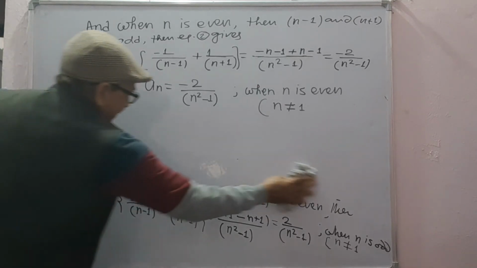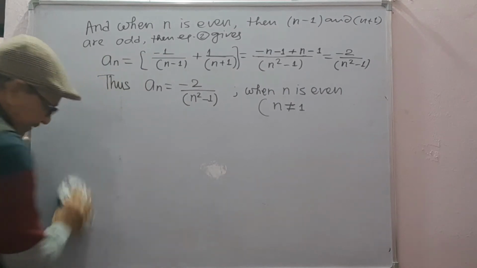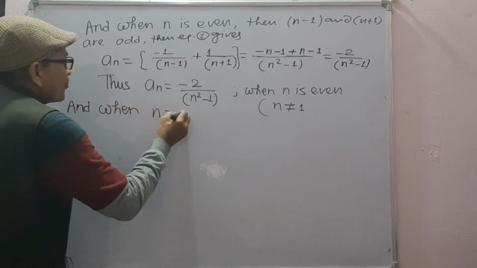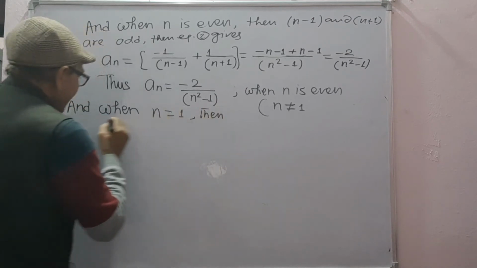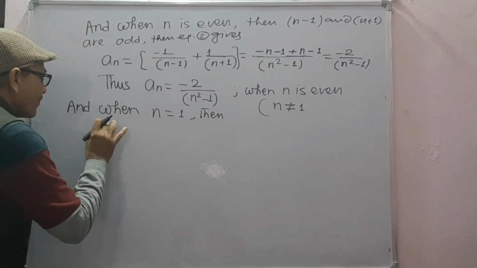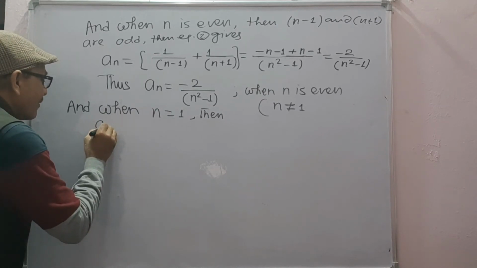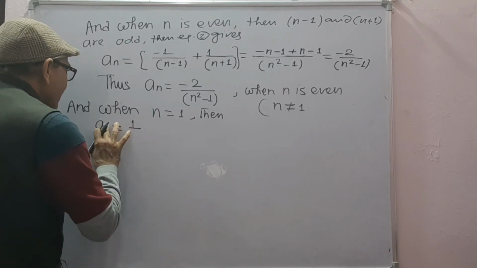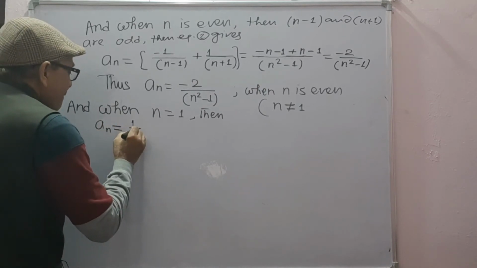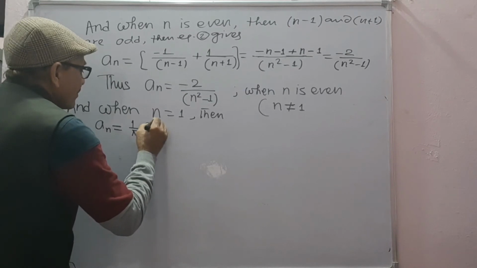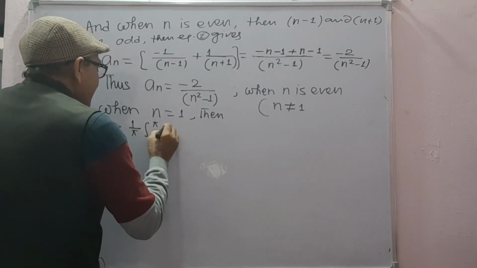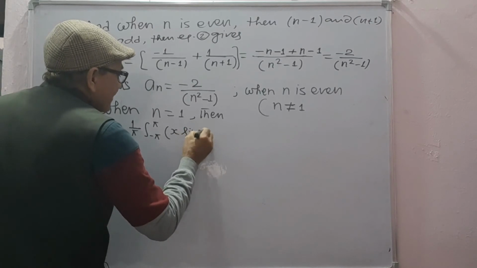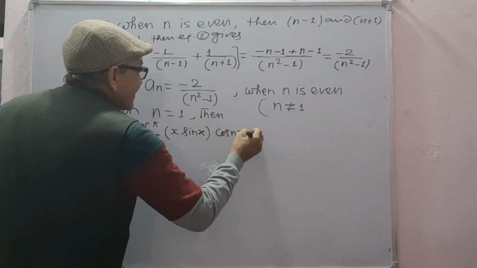And when n is 1, then a1 will be equal to 1 upon pi, or a_n is equal to 1 upon pi integral from minus pi to pi of f(x), which is x sin x, into cos nx dx.